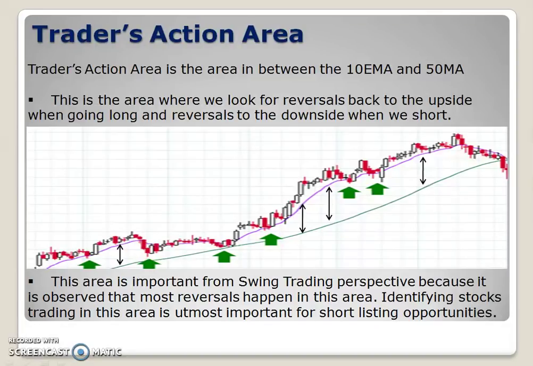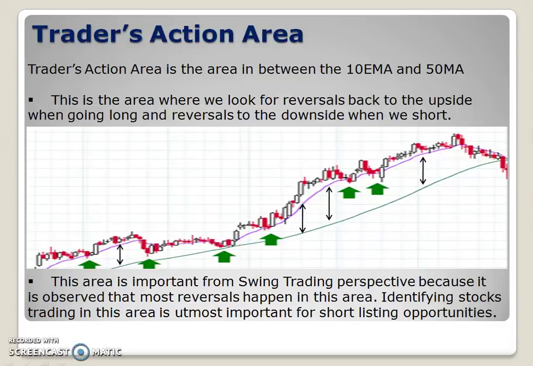you see there are two moving averages, one highlighted with a purple color and another one with the green color. I'm referring to the zone in between these two lines. The purple color is my 10 period exponential moving average and the green line is my 50 period simple moving average.